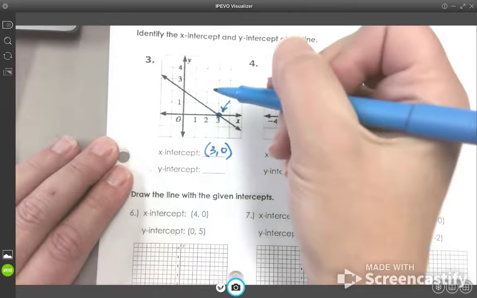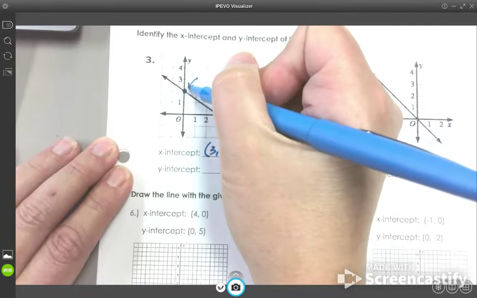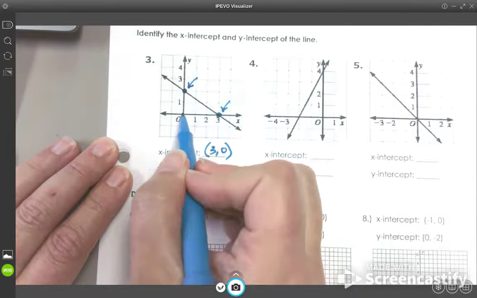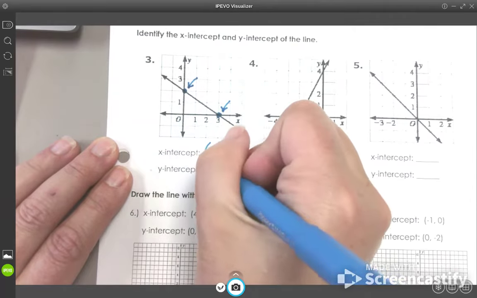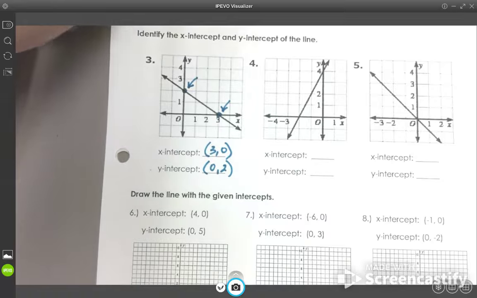The y-intercept, where is my line crossing the y-axis? Well, that point would be over 0, up 2. So the big thing to see is that when you are dealing with a line that intersects the x and y axis, your ordered pairs have a 0 in them because they're on the x or the y axis.